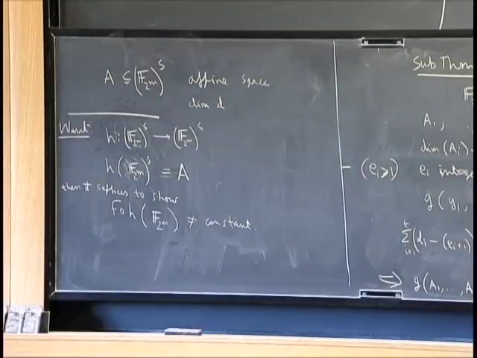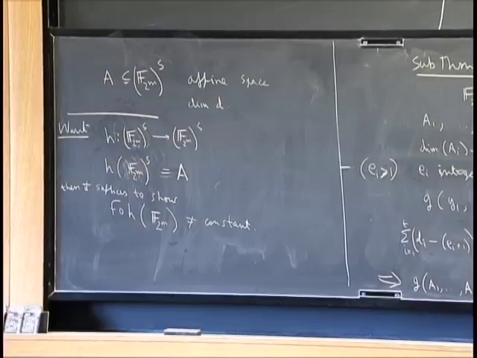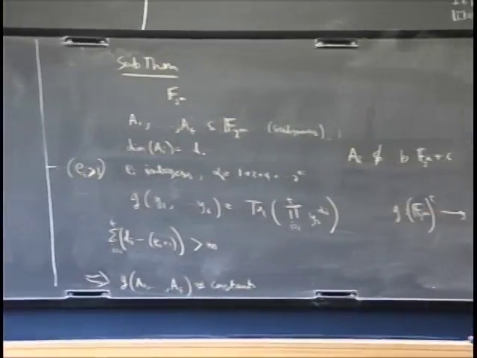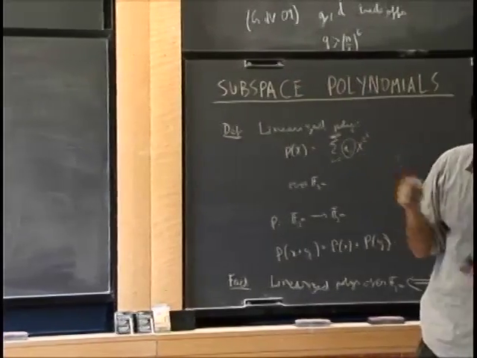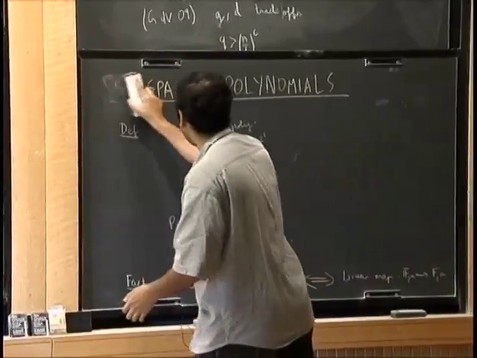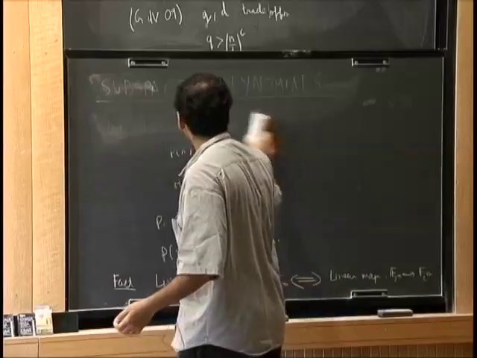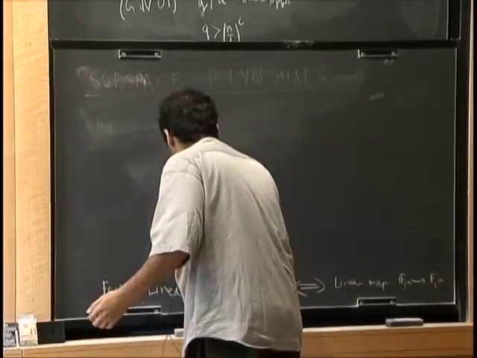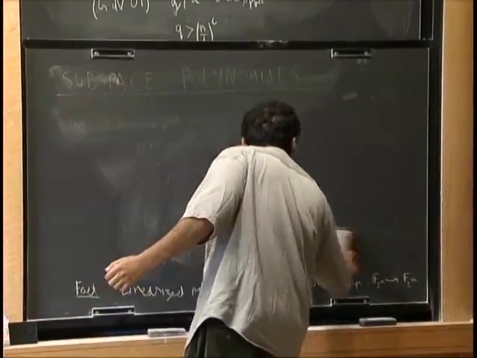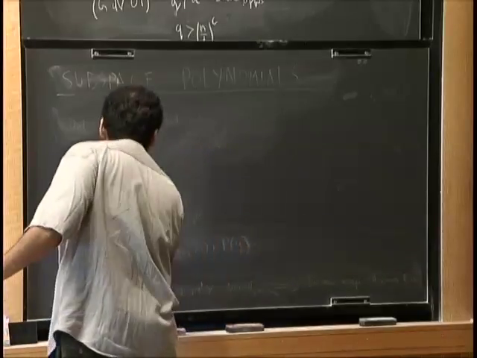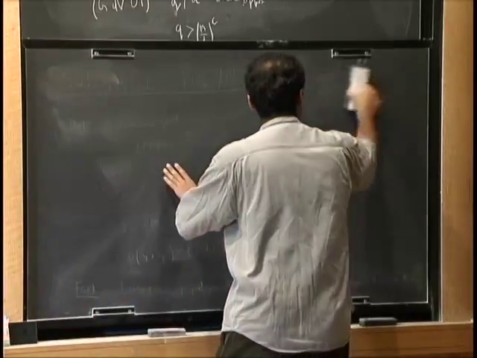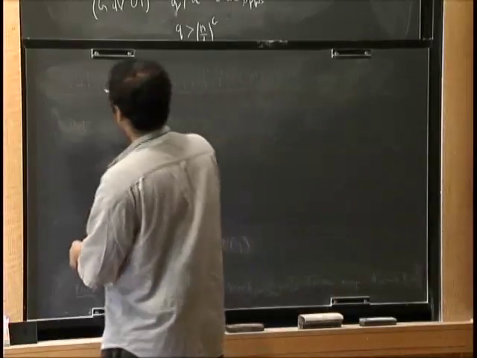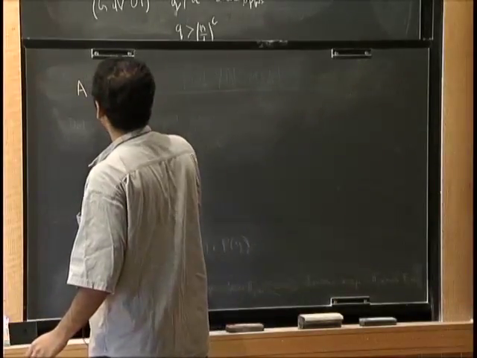So A was not a linear subspace inside F2 to the m. If it was inside just a single field, then the image subspace polynomial was the answer. Now it's just going to be a slight variation of that. The following fact was also used by Bourgain.